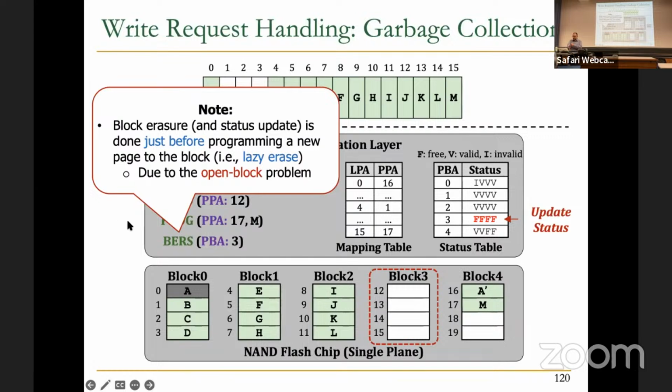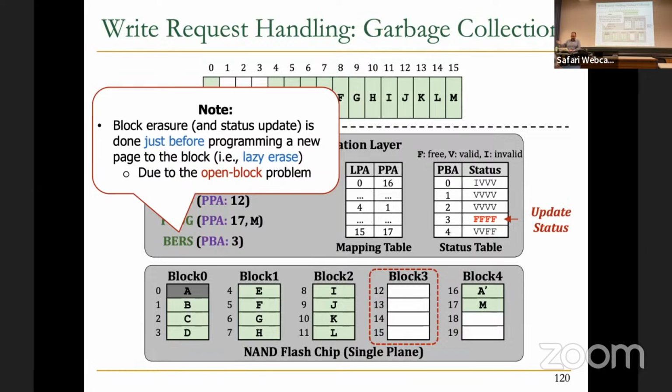It's also important to say that this erasing is what we call a lazy operation, lazy erase. So once you make a block completely invalid, you don't erase it immediately. You wait until you really need it. That's also because of the open block problem: once you erase a block, you make that block ready to write, and you don't want to do that. You want to make it ready to write only when you really need it.